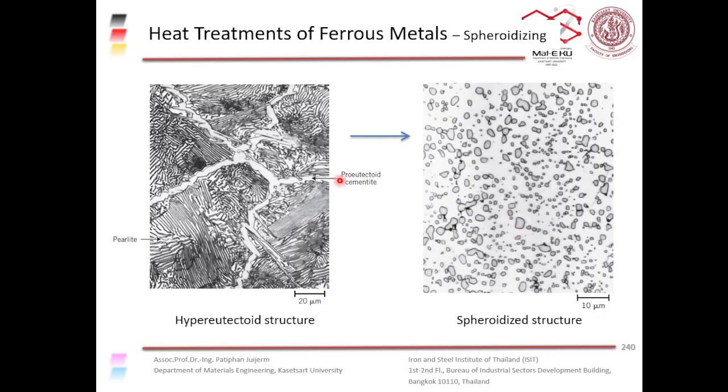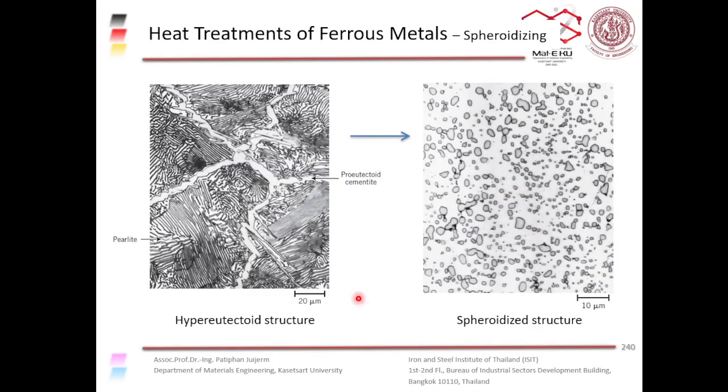And you can clearly see that even though this has the same amount of carbon, this structure looks a bit whiter. That means it looks like it has more ferrite structure, even though you have the same amount of ferrite.